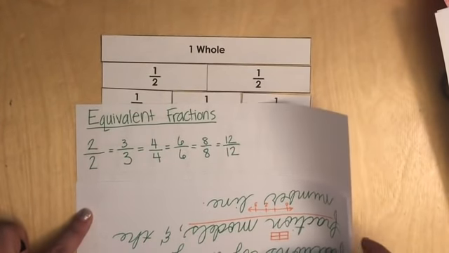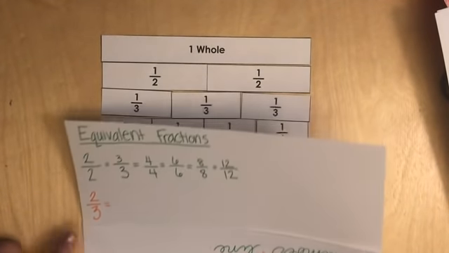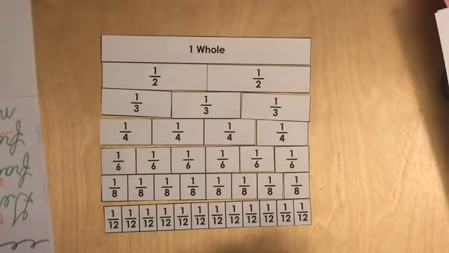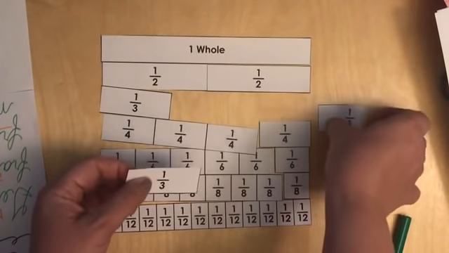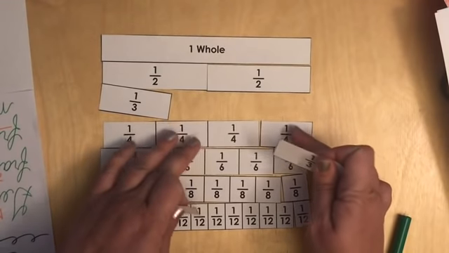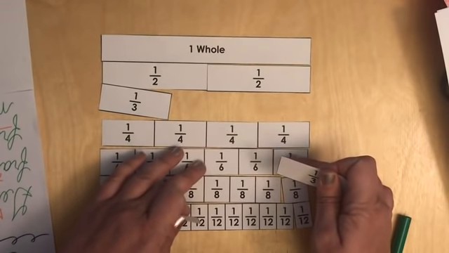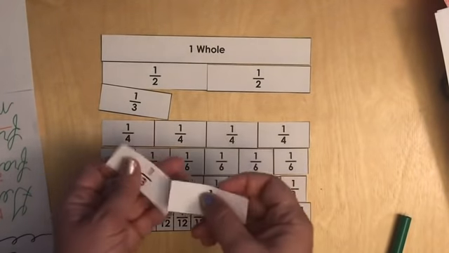Let's try another one. This time we're going to look at 2/3. So now we're going to pick up 2 of our 1/3 pieces, and we're going to see which fractions are equivalent to those. Remember, when you're finding an equivalent fraction, it has to be exactly the same. It can't be a little too short or a little too long. Equivalent means exactly equal.